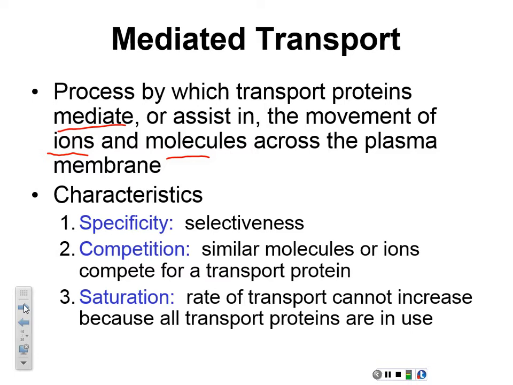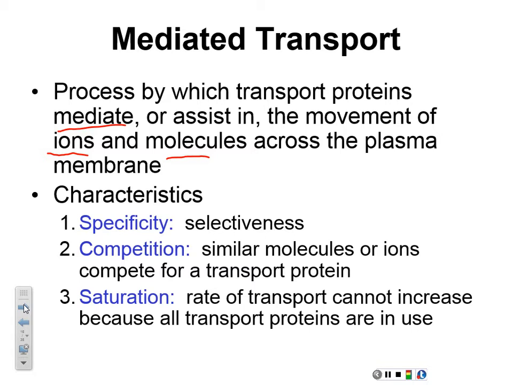It doesn't just attach to anything, because the protein shape is set. And there's also going to be saturation, right? Because once all the protein molecules are attached, you're not going to have any more to attach to.